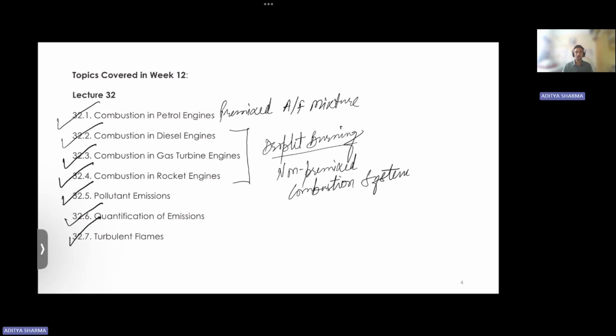When we talk about turbulent flames, there are three regimes: one is the laminar flame zone, then flamelets and eddies, and last is the distributed reaction zone.